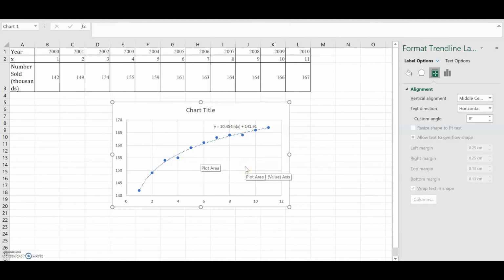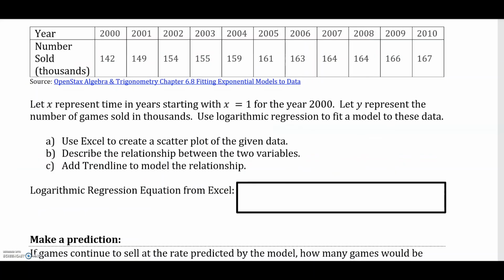But if we're wanting to use this for a more professional purpose, we should add a chart title as well as axes titles and format it according to any requirements for work or education submissions. For the purpose of this lab, we don't want to submit anything with titles, we just want the equation.